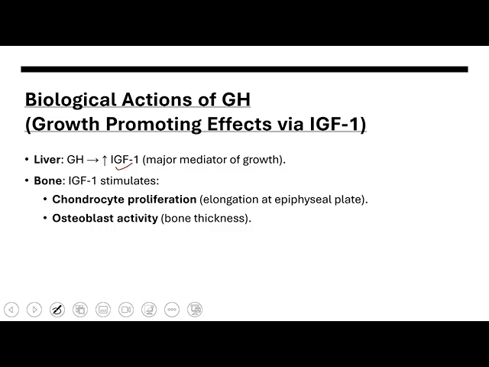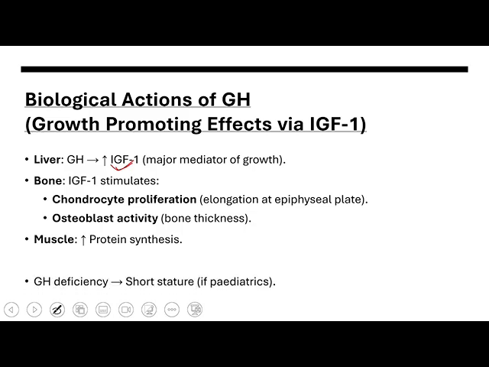So these two types of growth, linear growth as well as appositional growth, are being stimulated with the help of insulin-like growth factor 1, which has been produced from the hepatocyte from the stimulation of the growth hormone. And also in the muscle, that will increase the protein synthesis.